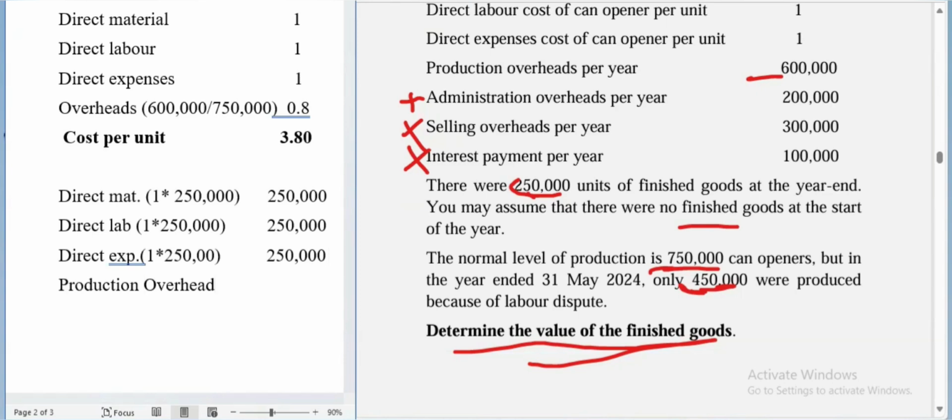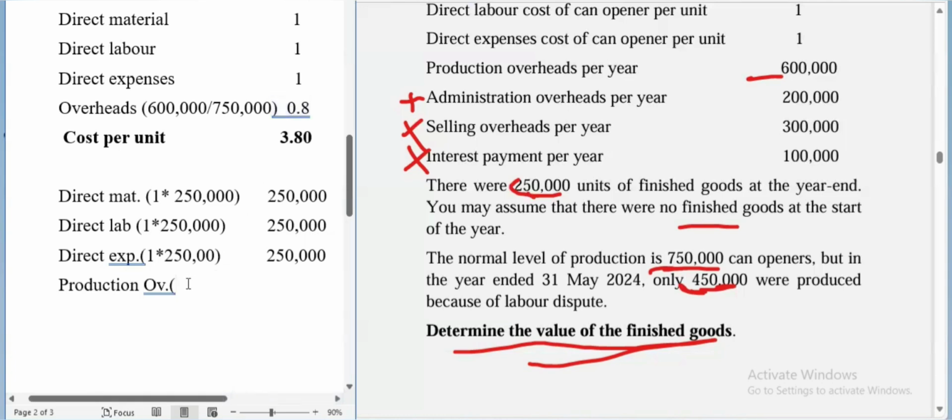We have to do the allocation using the normal level of activity, that's the 750. So you can pick the 0.8 and multiply by the 250.